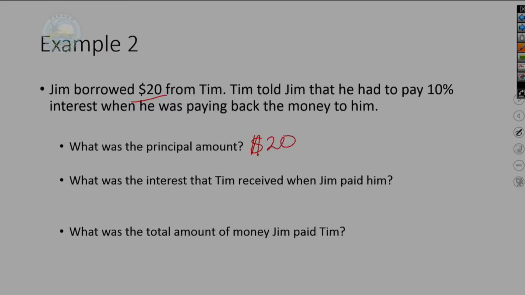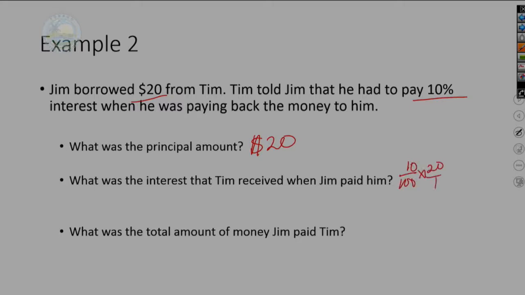What was the interest that Tim received when Jim paid him? Well, the interest was 10%, which means that Jim had to pay Tim 10% of the principal amount as interest.